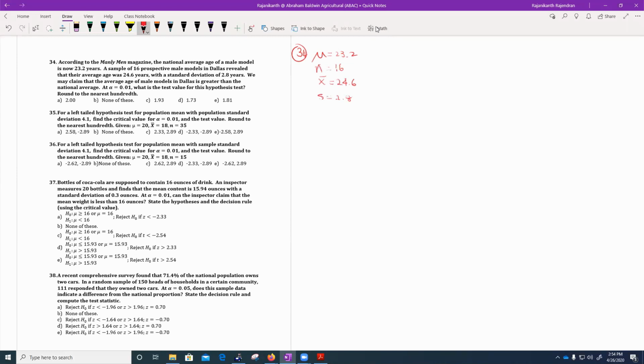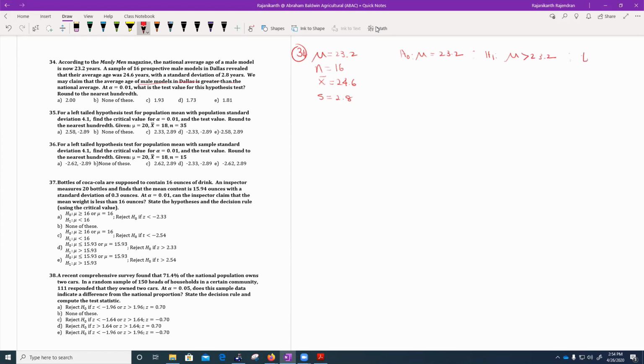Okay, so if you set up the hypothesis for this problem, mu is now 23.2. And our claim is here, the average should be greater than that. That means my H1 should be a right tail test now. So we are looking for the test for mu when you know the sample standard deviation.